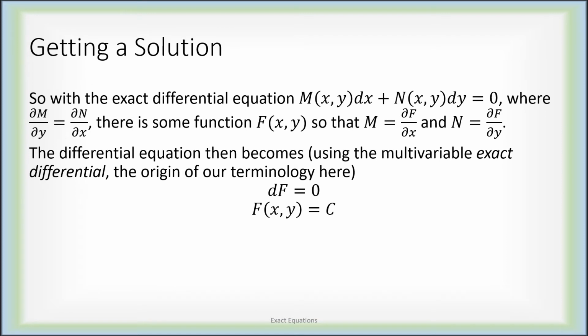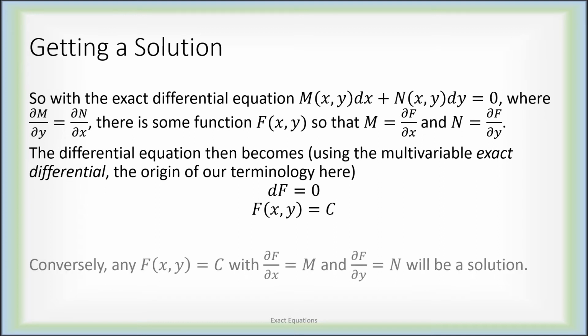Now, if the exact differential of a multivariable function is 0, it follows that that function must be constant. And conversely, if F of x,y is a constant, with its x derivative being M and its y derivative being N, any function we can find like that will also be a solution to the differential equation that we started with.